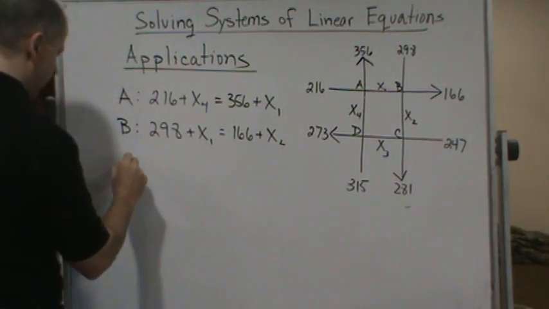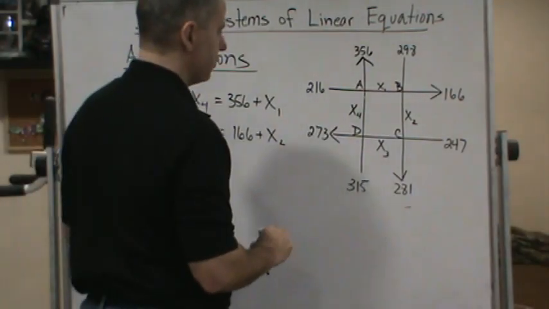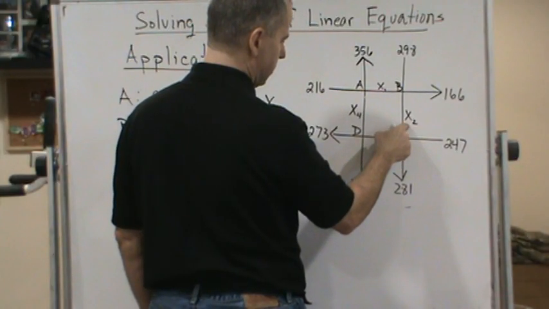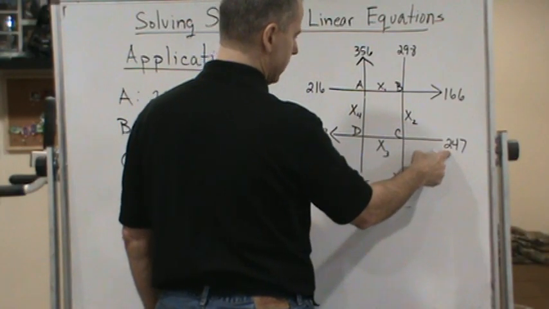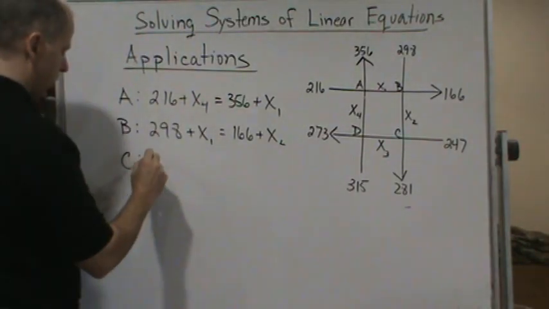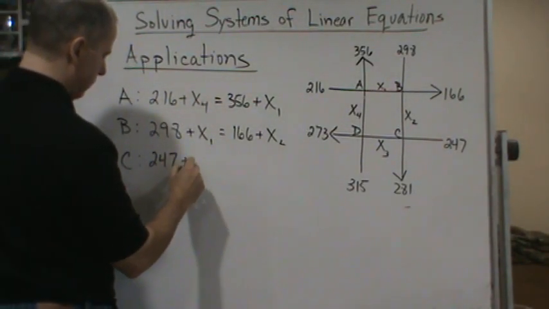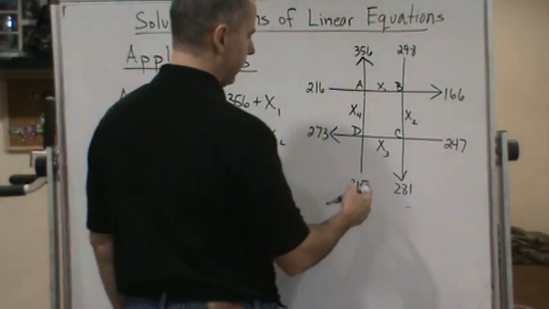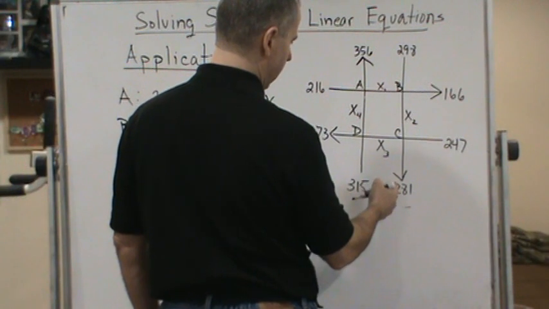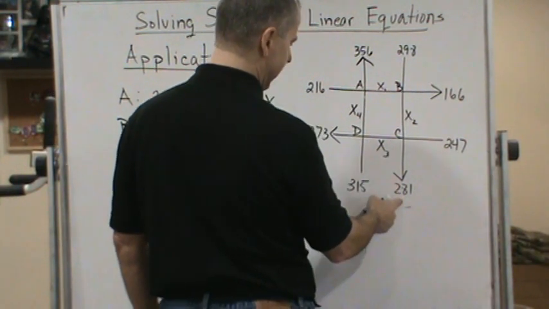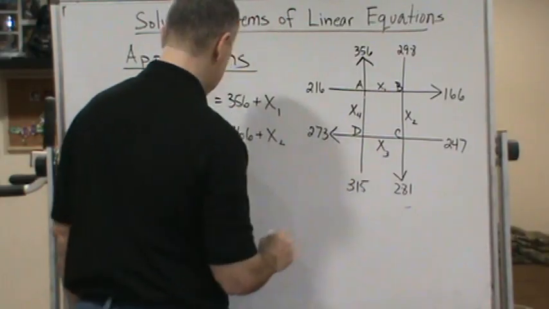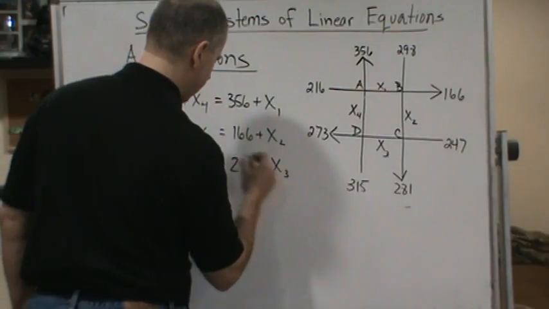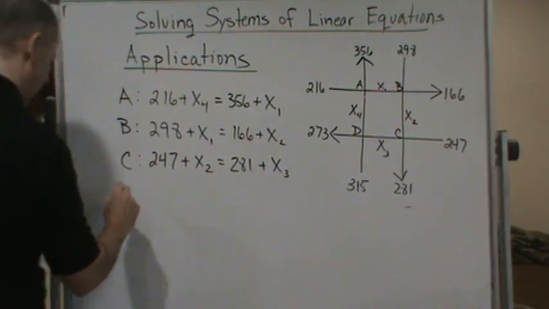And then now let's go to intersection C. The incoming traffic to intersection C is going to be x2 and 247. So that's going to be 247 plus x2, and that's going to equal the outgoing traffic, which is going to be 281 plus x3.